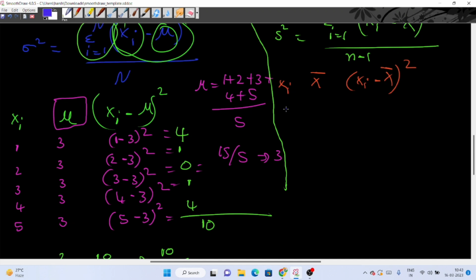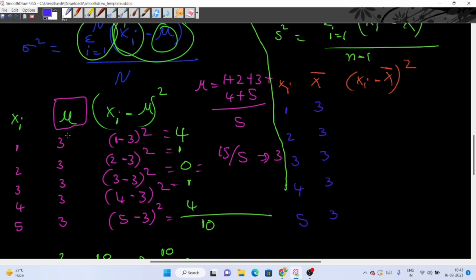So here for xi we have 1, 2, 3, 4, and then 5. And while calculating the mean for sample also, we will get the mean same as population. So we may write 3 here. Why am I directly writing 3 here?